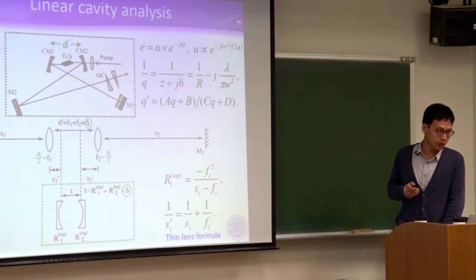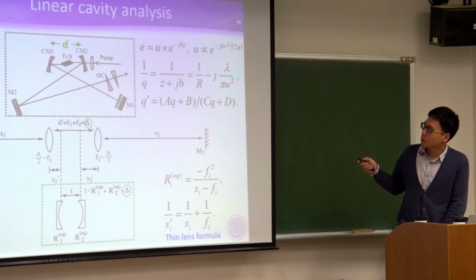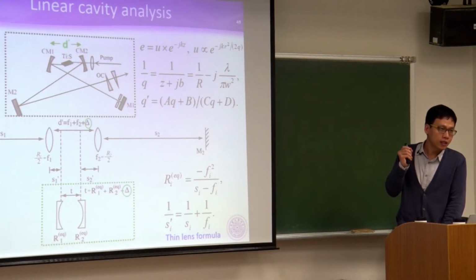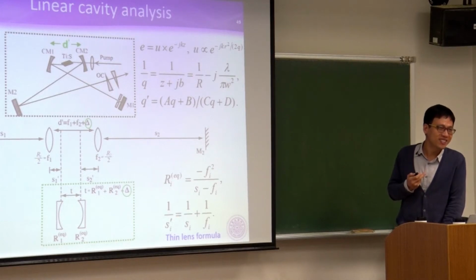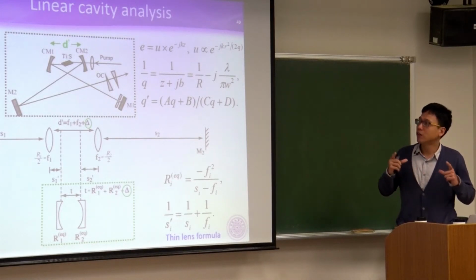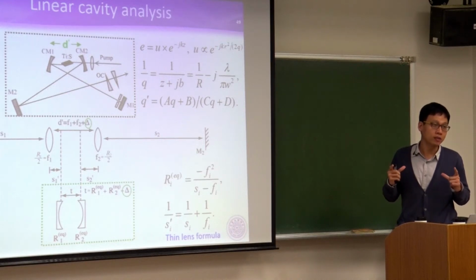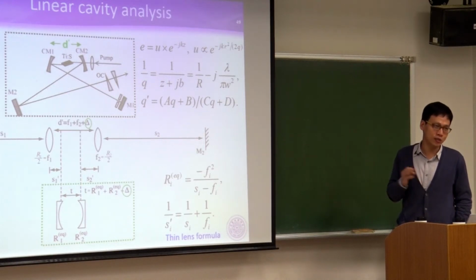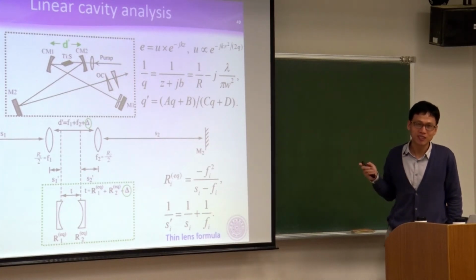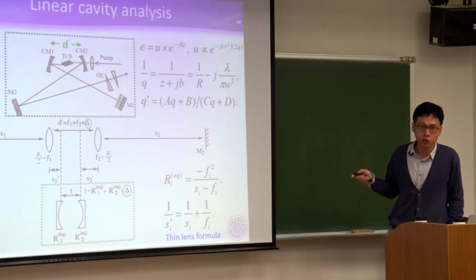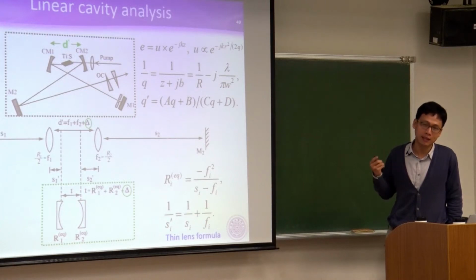If Q is a real number, what happens? 1 over Q is also a real number. Then the imaginary part must be 0. If the imaginary part is 0, what is W? Infinity. So you must have an infinitely big beam to have a real Q, which is impossible in reality. If you need a stable cavity, this is never possible. So that's why 1 over Q or Q has to be a complex number. The imaginary part cannot be 0. Okay.